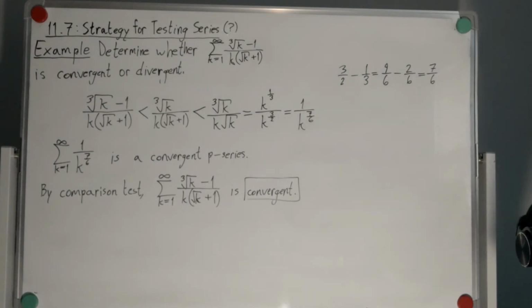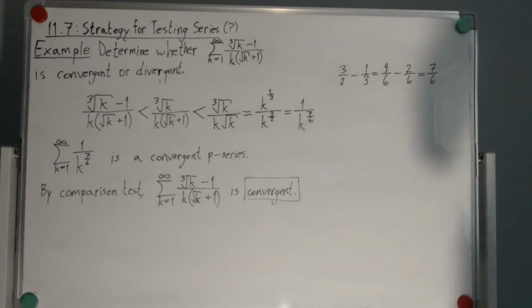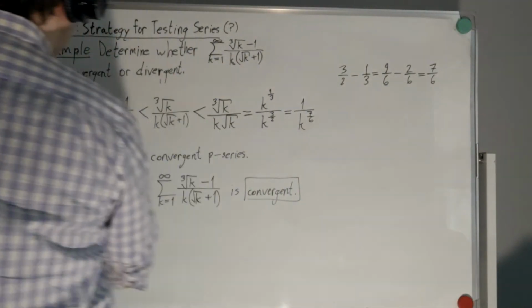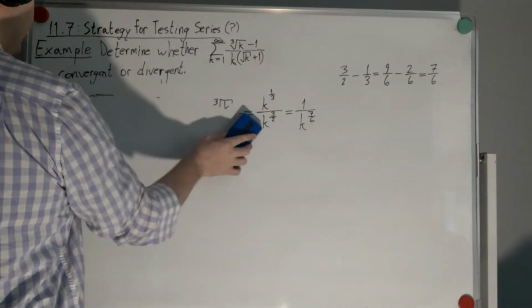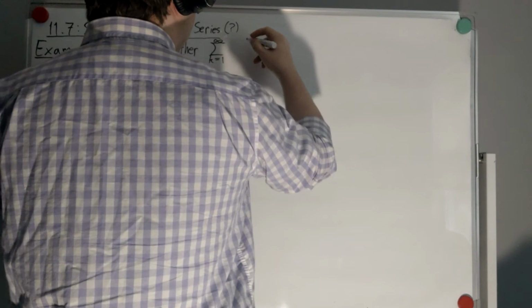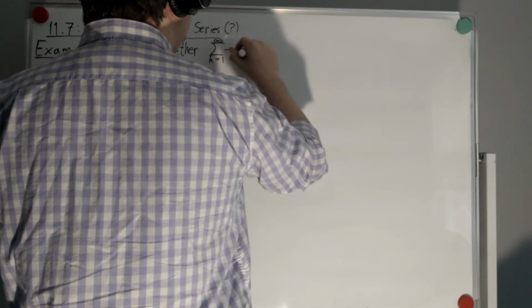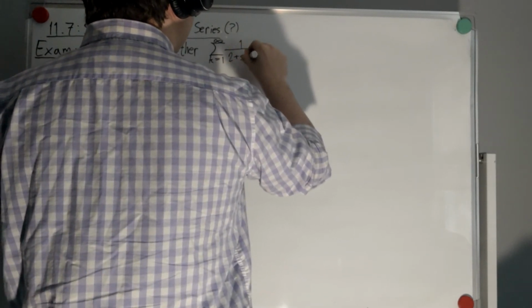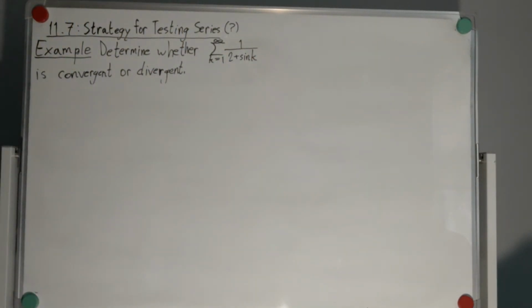Let's see what we have next. Okay, so this is 1 over 2 plus the sine of k. So we're going to take 1 over 2 plus the sine of k, and we're going to try to determine whether that's convergent or divergent.